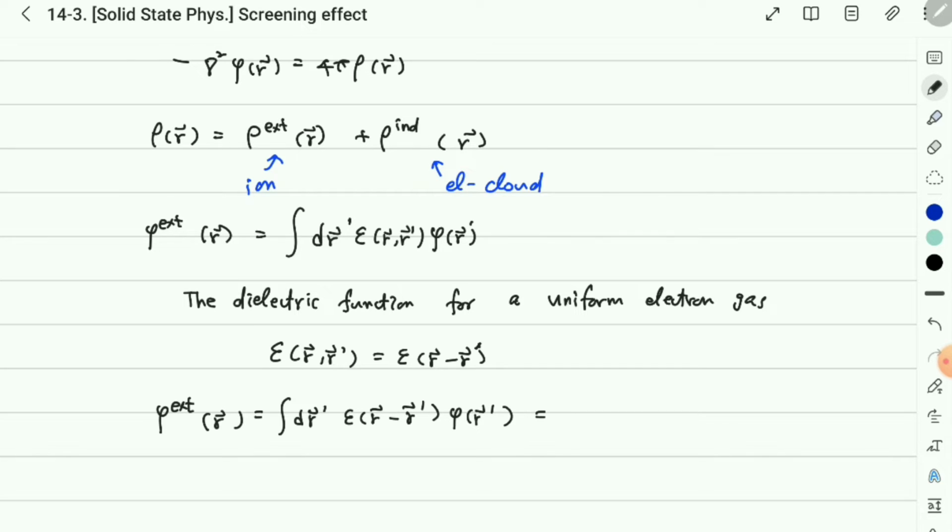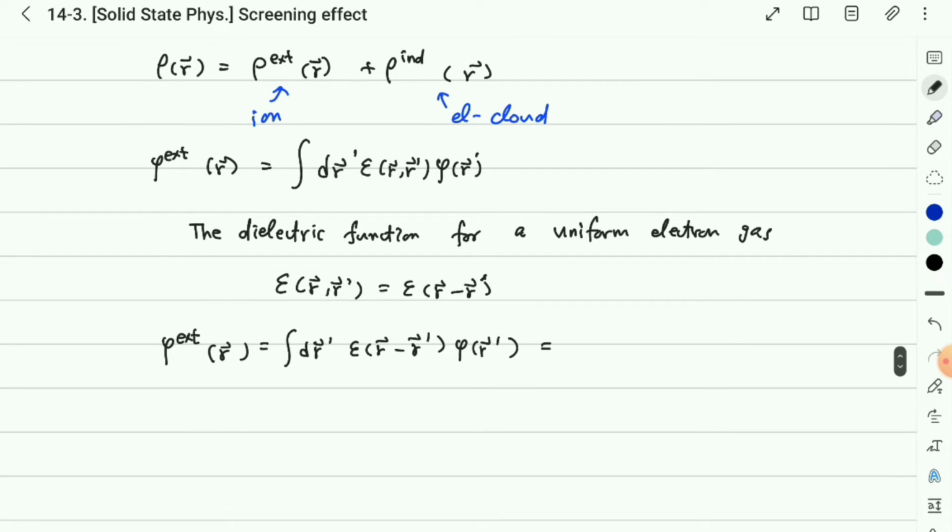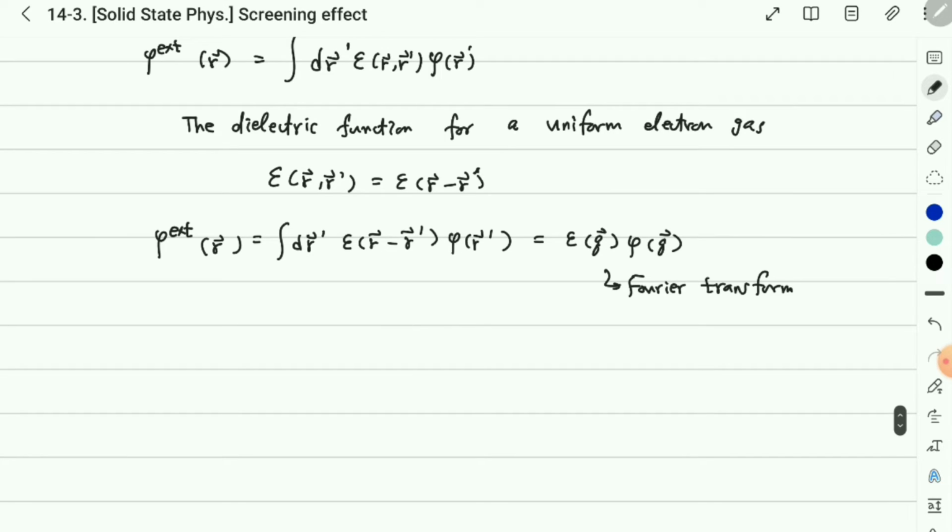If we think about the Fourier transform in this case, the real space epsilon can be transformed to the momentum space epsilon, and real space phi becomes momentum space phi of q. I already said many times that in solids we should think about the momentum space information.